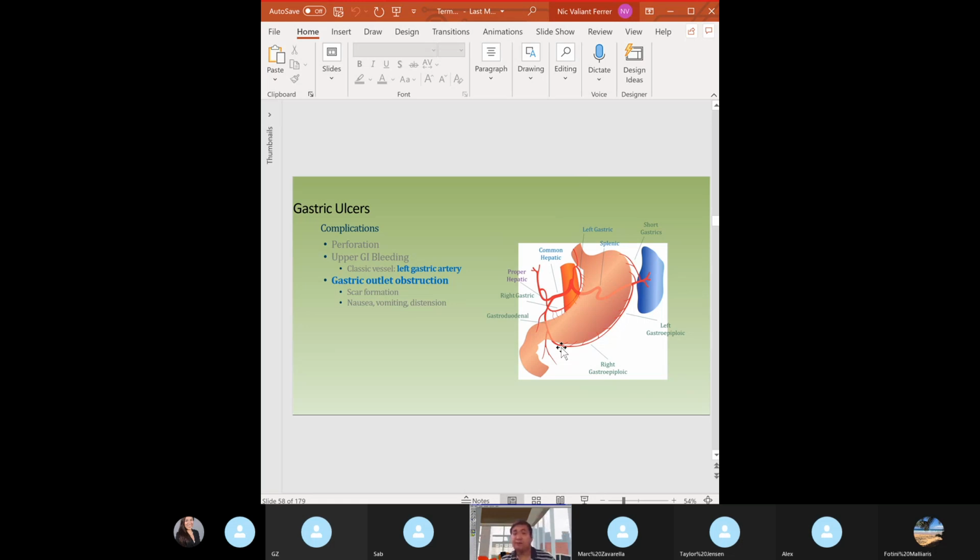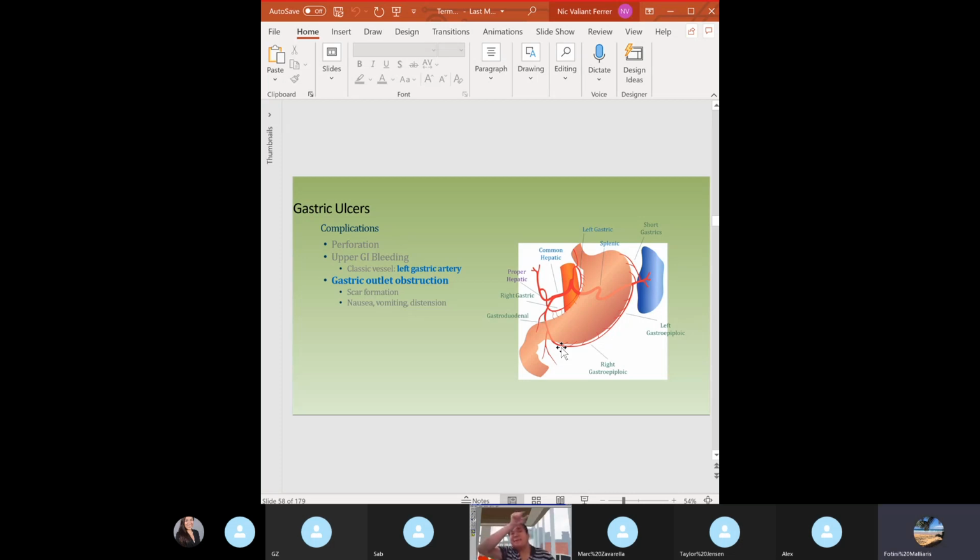What do we call that ligament? Can you tell? Ligament of Treitz. Your ligament of Treitz. Doesn't sound familiar at all. This is your duodenal ligament. Remember.